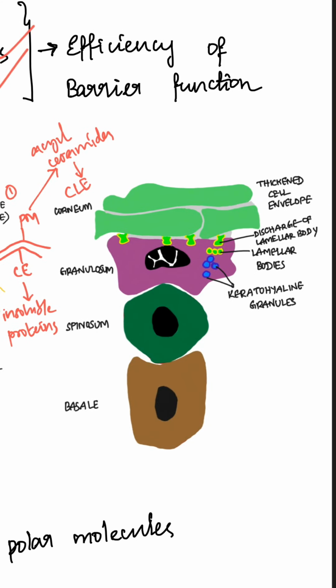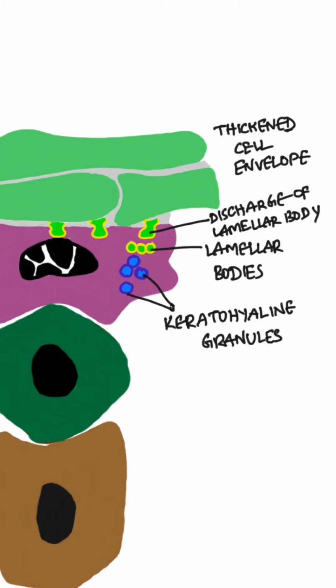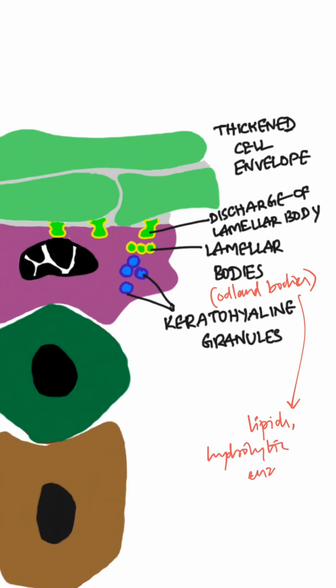Next, in stratum granulosum, you have lamellar bodies, which are otherwise called Odland bodies. The contents of these lamellar bodies are lipids, some hydrolytic enzymes and proteins, like corneodesmosin.